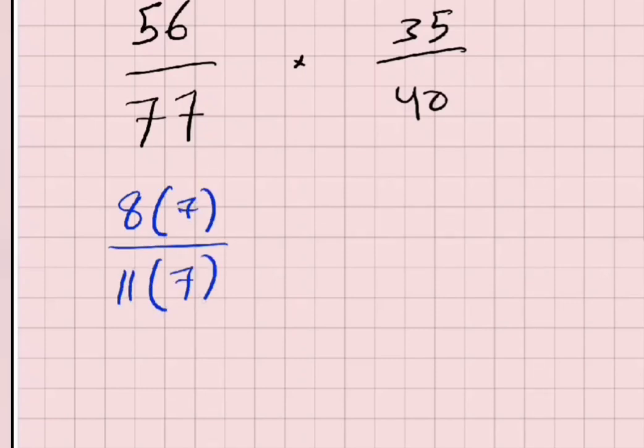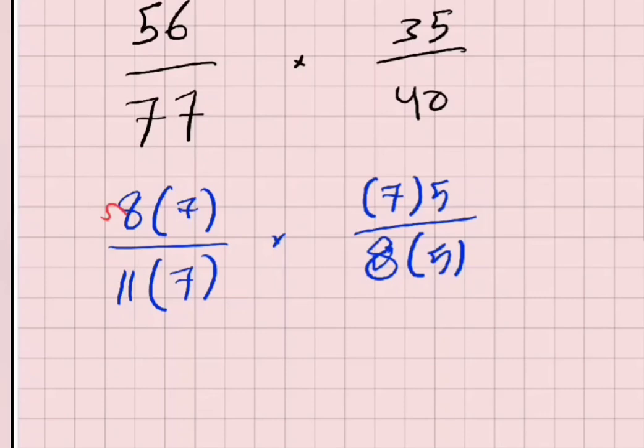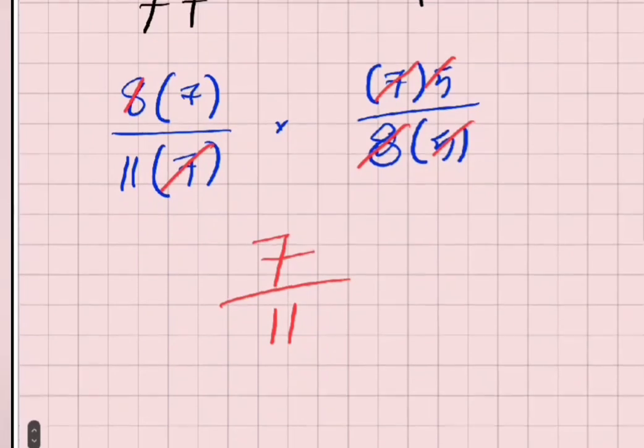And 40 is 8 times 5. So we can cancel an 8. We can cancel a 7. And we can cancel a 5. Leaving the final answer of 7/11. So now you know how to multiply two fractions.